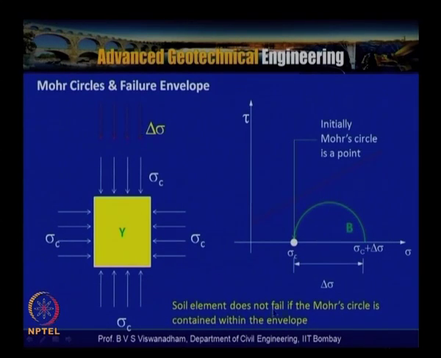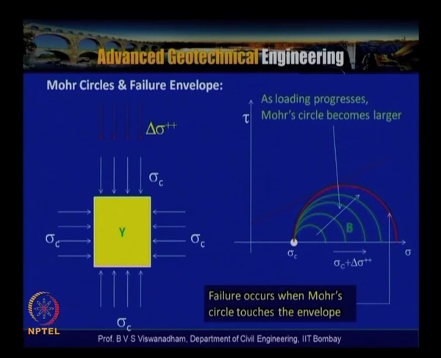The soil element does not fail if the Mohr circle is contained within the envelope, that is, well below the envelope, then failure is not yet attained in the sample. Now let us assume that the Mohr circle traverses because of the increase in sigma c plus delta sigma.